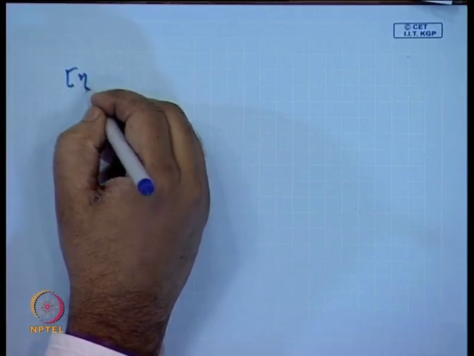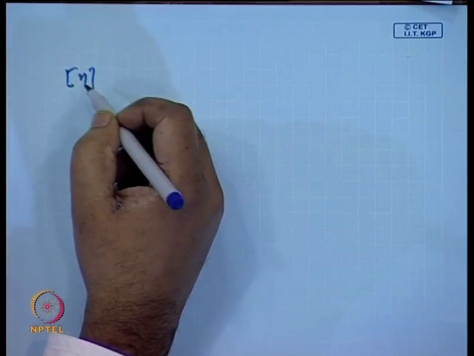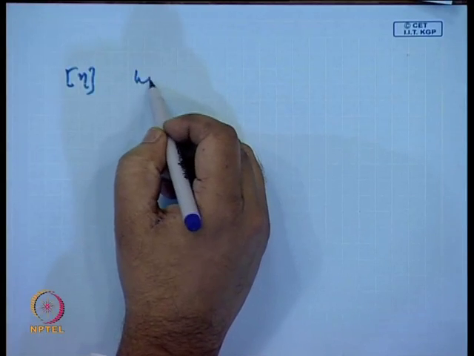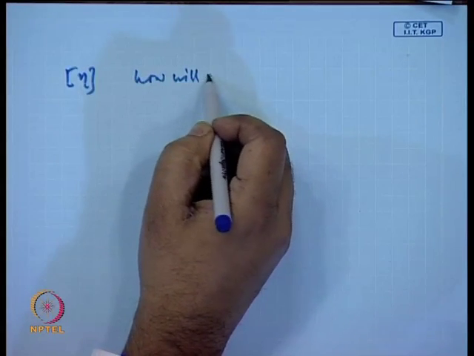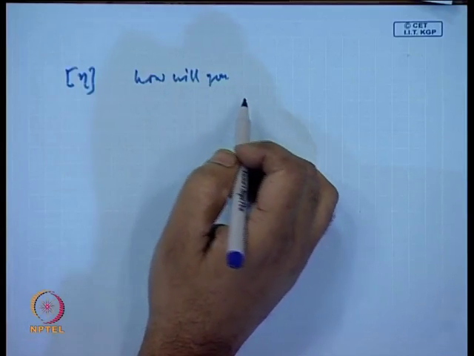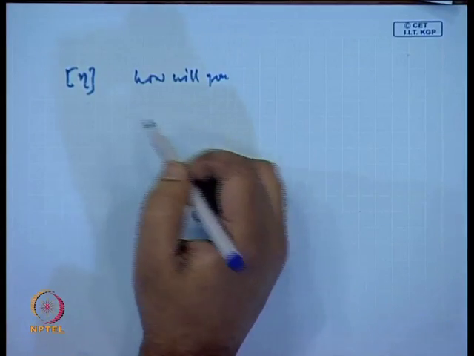So, in all these cases we said that we determine the intrinsic viscosity. Now, how will you determine eta, intrinsic viscosity, for a given polymer sample in a solvent at a particular temperature?